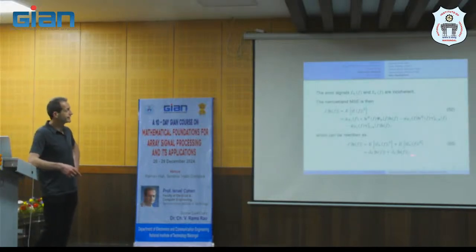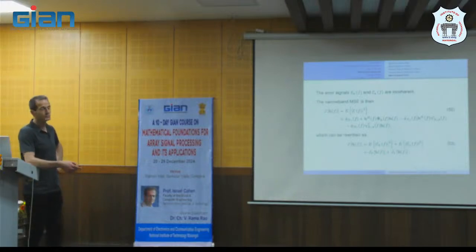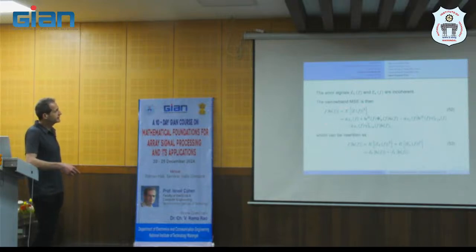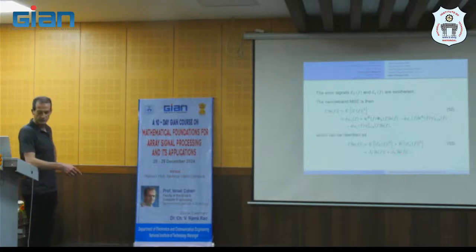And because we work on each frequency separately, it's much easier to derive, okay? We will see afterwards. But here, this is the narrowband MSE, and it can be written as the summation of two components. One is the MSE related to the distortion, and one MSE which is related to the noise.